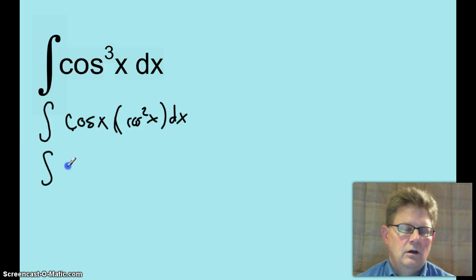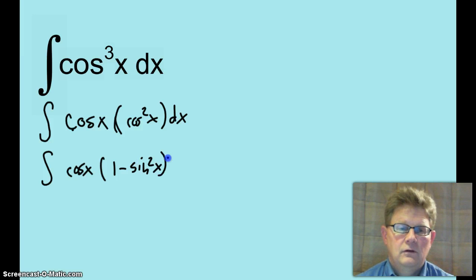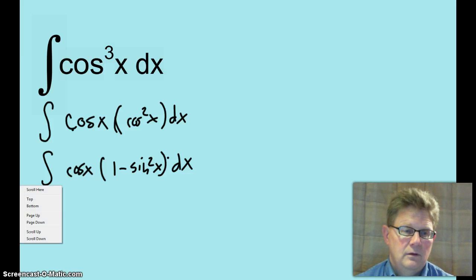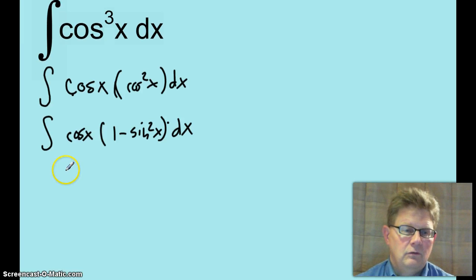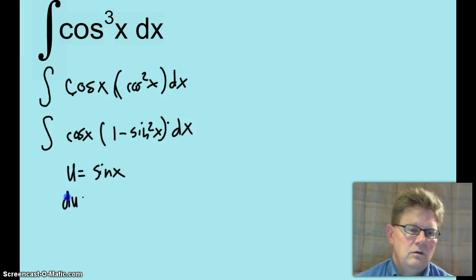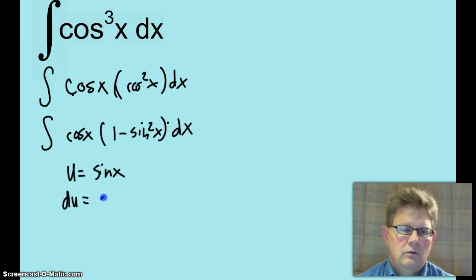That would be the integral of cosine x times 1 minus sine squared x dx, just because of that trig identity, right? And now I think we're almost ready to do this. We'll let u equal sine x. What does du equal? Well, that would be the cosine of x dx.